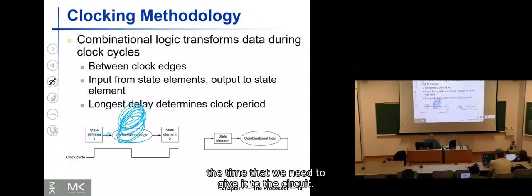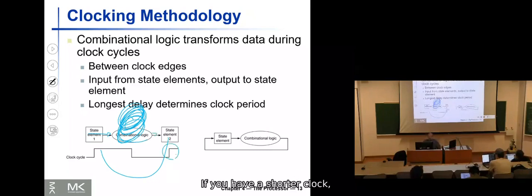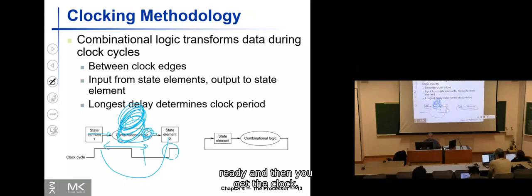The time that we need to give the circuit so everything would be ready is based on the longest path. So when the clock comes, everything is ready. If you have a shorter clock, then something might not be ready, and then when you give the clock, the wrong value will be stored for the next operation. Okay?